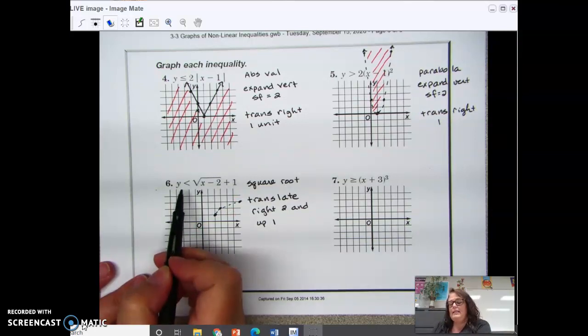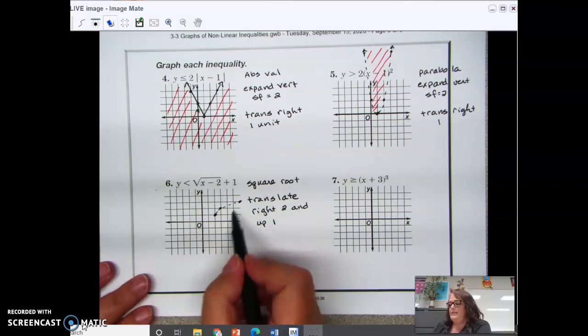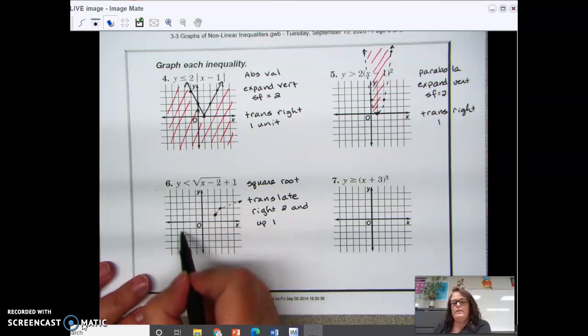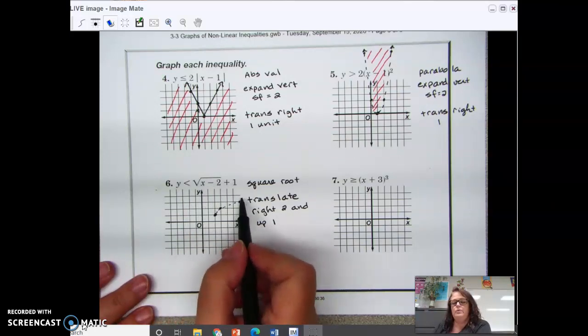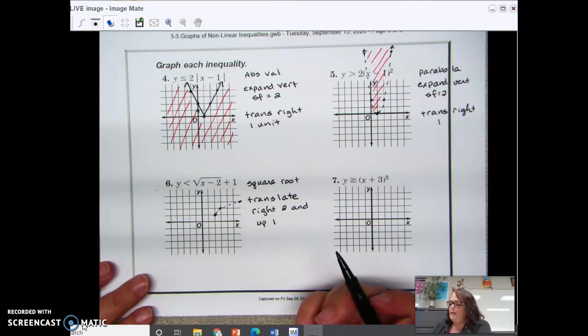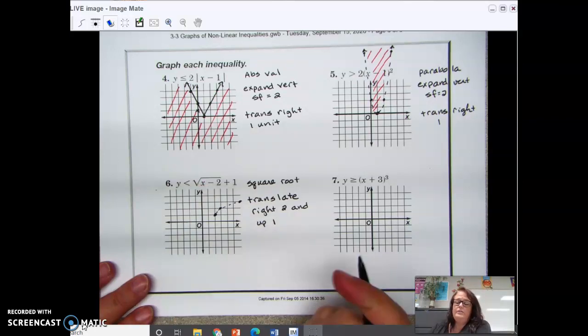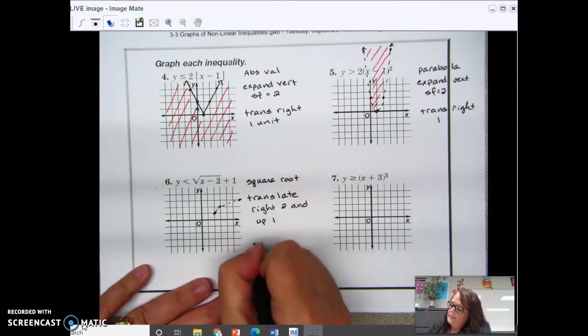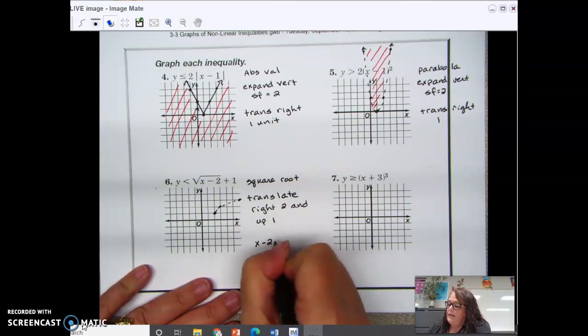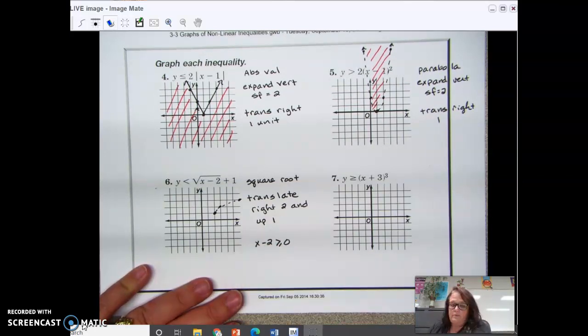And then the question said less than, but here's the weird thing. If I say less than, do you see that I can squeeze all the way around and possibly go greater than? So we need to have another boundary. So if you remember about domain, we said 2 things that can mess up domain are a denominator and the square root of a negative. So in this case, I need to make sure that x minus 2 is greater than or equal to 0.